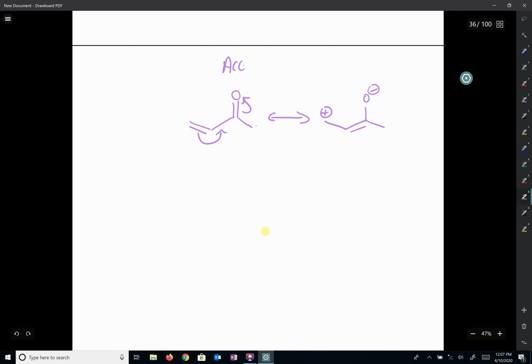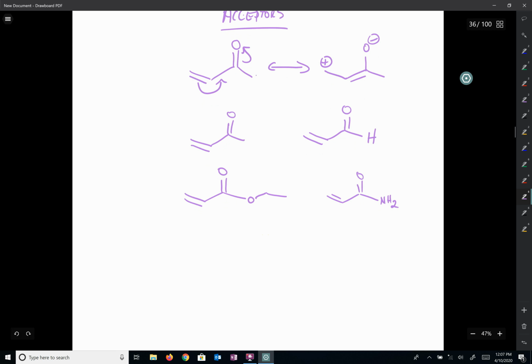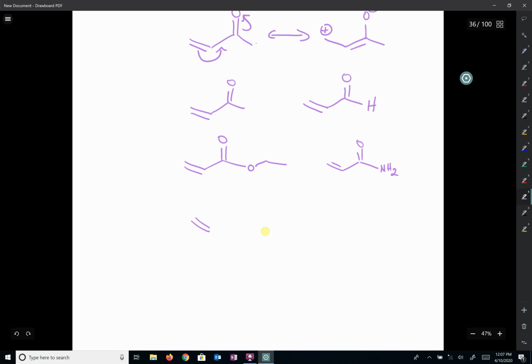So, acceptors. We can see this happening with ketones, and with aldehydes, right? In both of those cases, we can do the same kind of resonance. Esters, amides, cyanos.